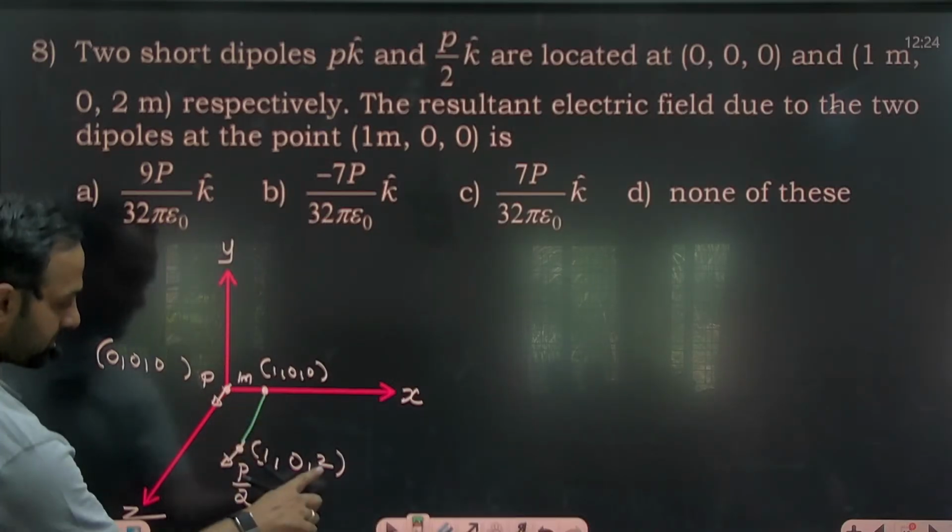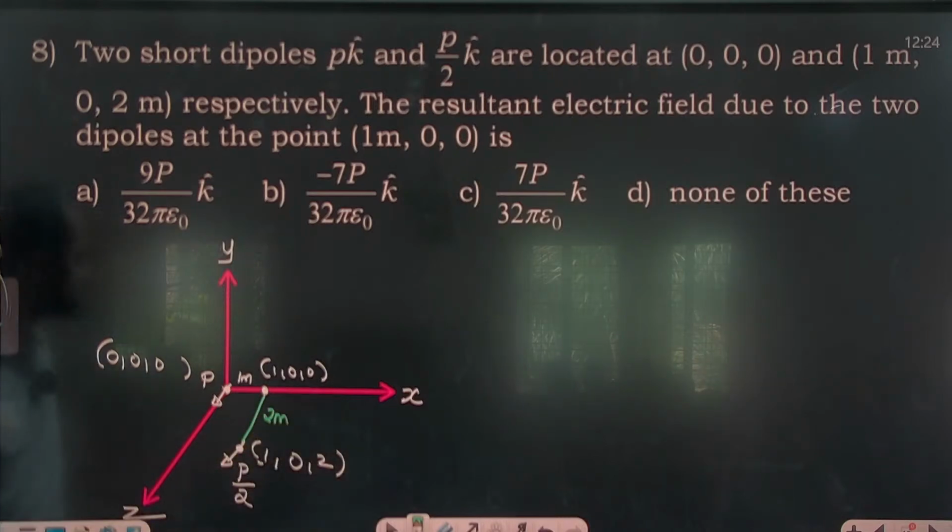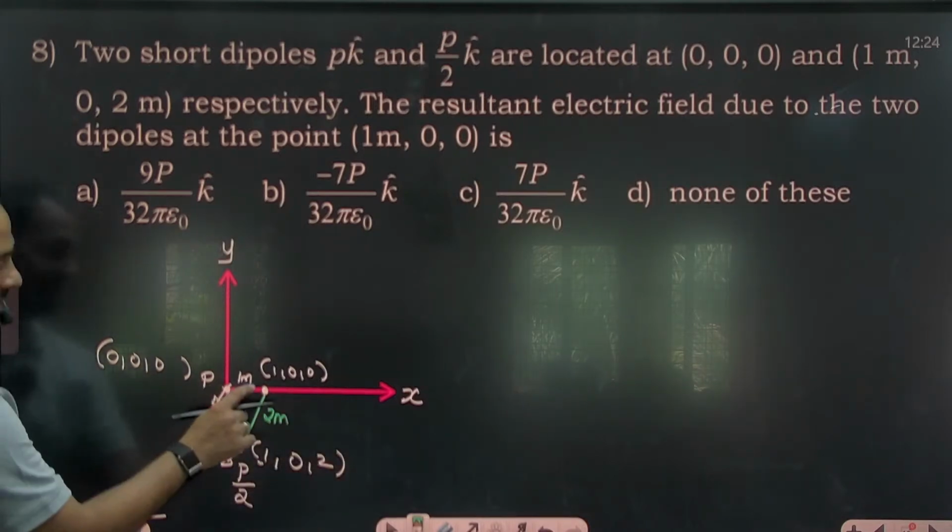You are going along the Z axis. This is 2 meters. So from this dipole, how far is the point?